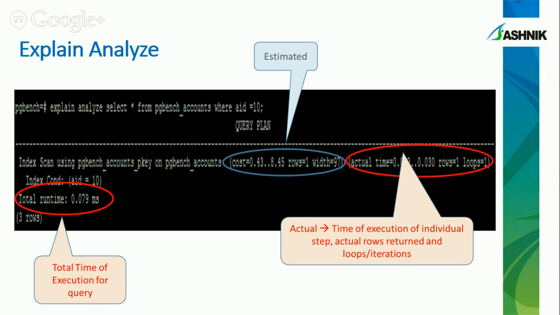If you don't have proper statistics estimations available for your optimizer, you will see a vast difference in the estimate and in the actual. So you see the number of rows inside the blue oval and the number of rows inside the red oval. If there is a huge difference in them, then you know that probably your statistics updation is not happening properly and you need to do something about that.